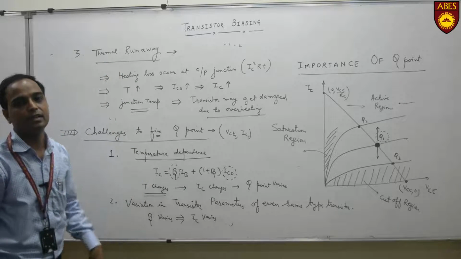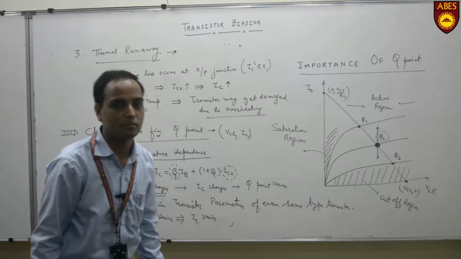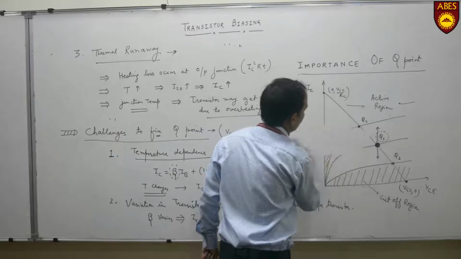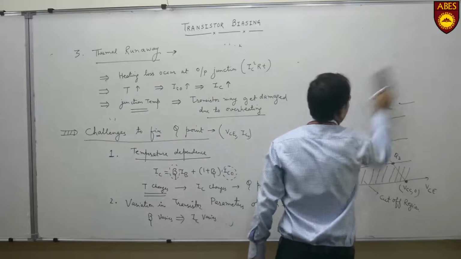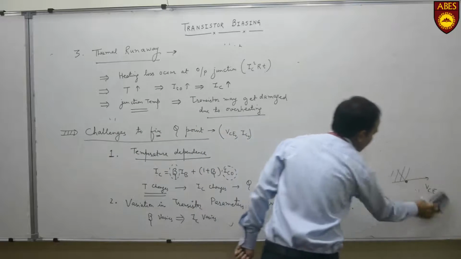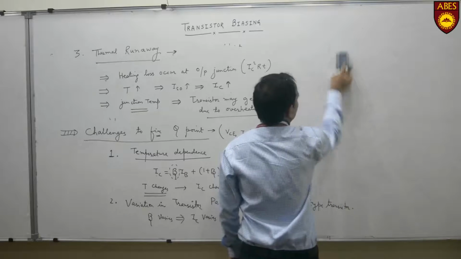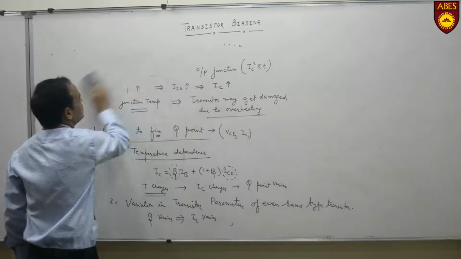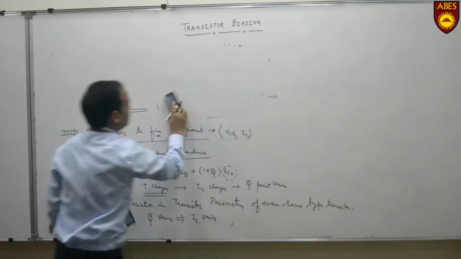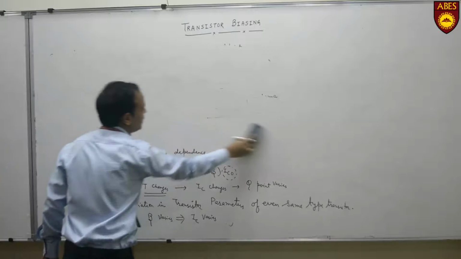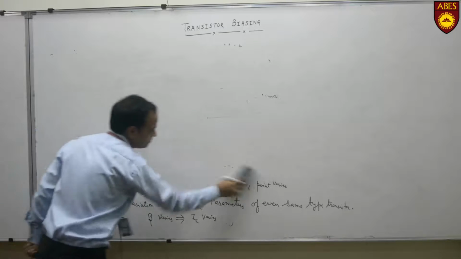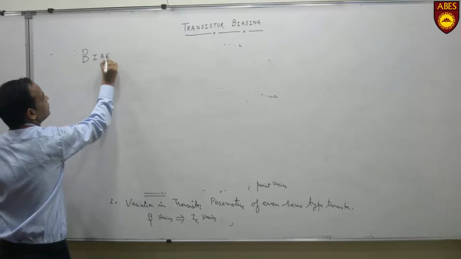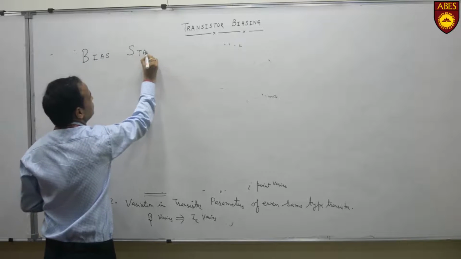It is quite difficult to fix the position of the operating point. But the challenge needs to be overcome. In order to overcome this challenge, the phenomenon which will now be discussed is referred to as bias stabilization.